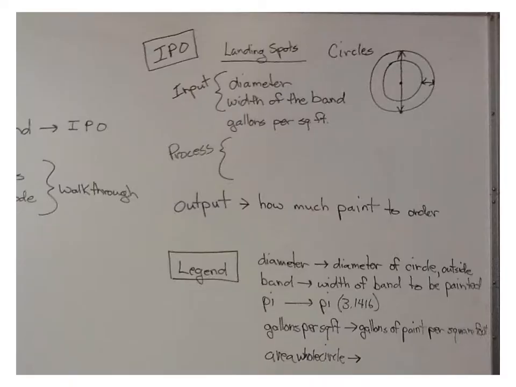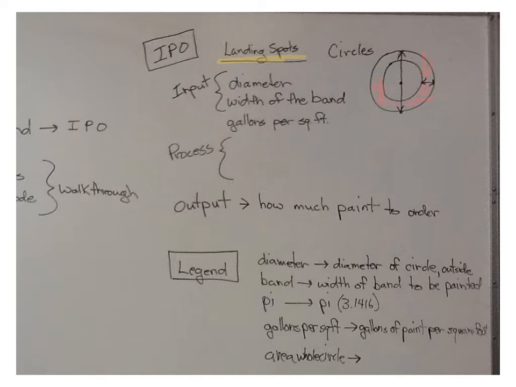Let's move on. So then we had a problem. We had the landing spots. So the idea here was we're going to create these landing spots. Okay. So we're going to paint those. Let's say we're going to paint them maybe red.